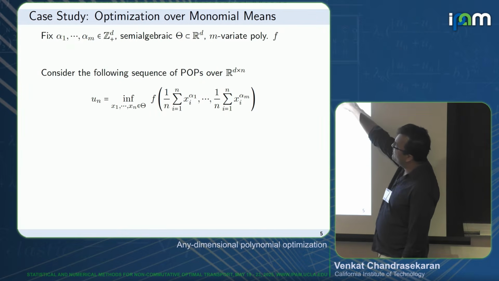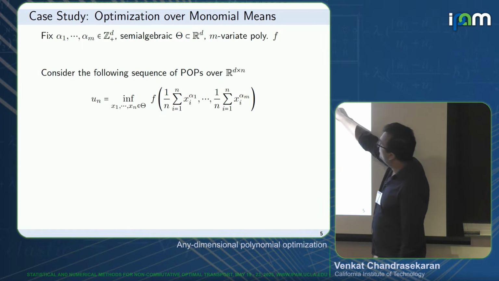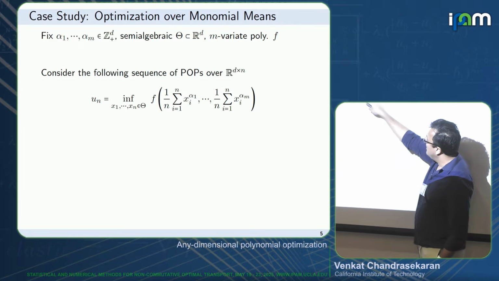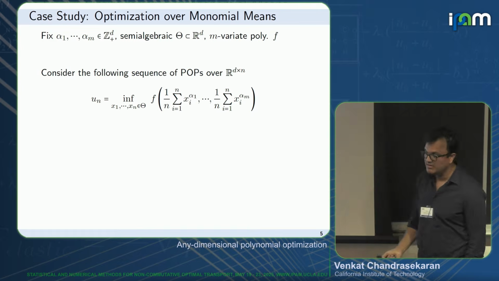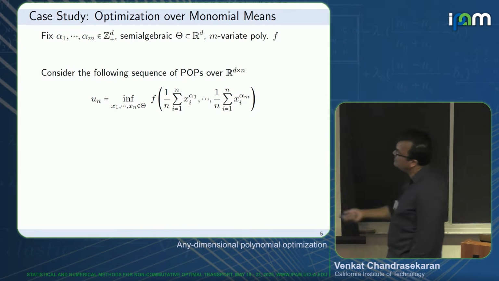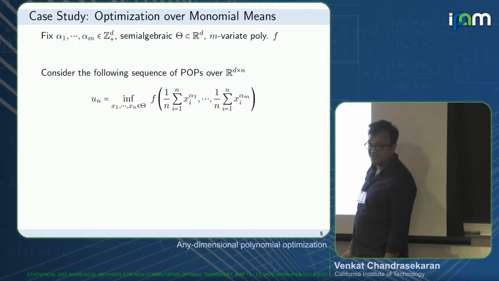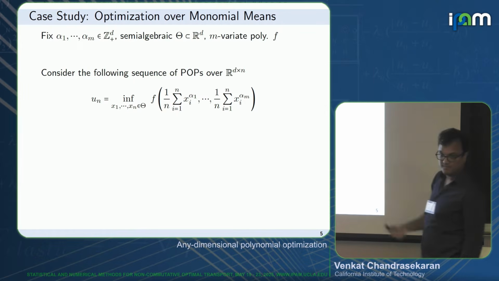And I'm interested in the following sequence of polynomial optimization problems over d cross n. D because each of these variables lives in R^d, and then there are n of them. And the objective function is to minimize this polynomial applied to the empirical averages of these monomial means. Okay?